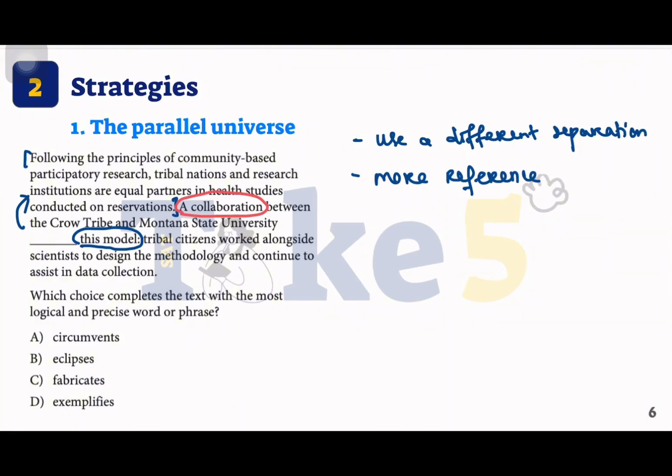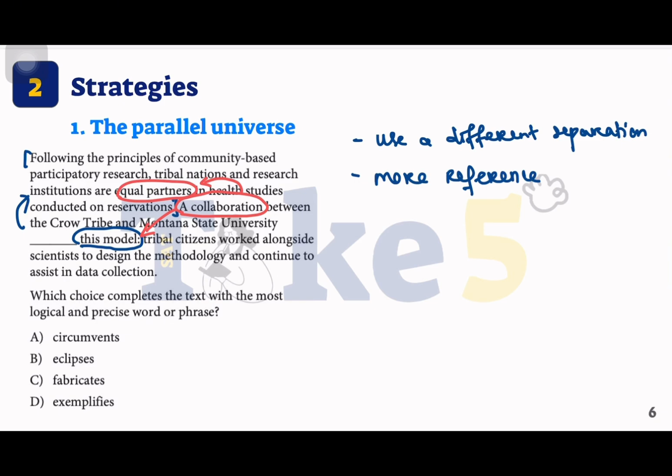We see that it mirrors equal partners previously. So this is in fact a parallel reference. We can now confidently understand that this model is about the collaboration between these partners. So this model refers to a collaboration and also to equal partners.